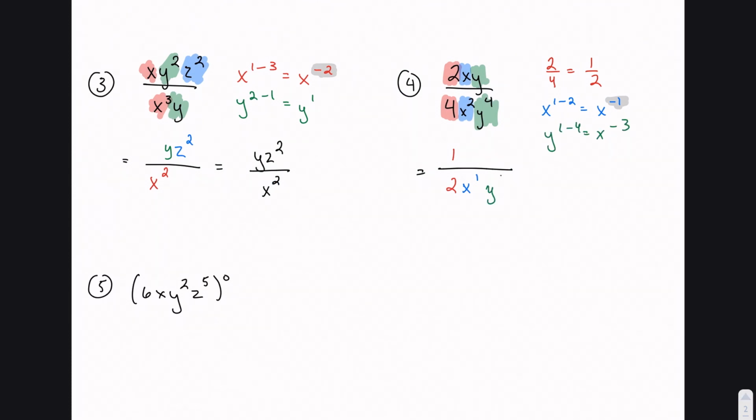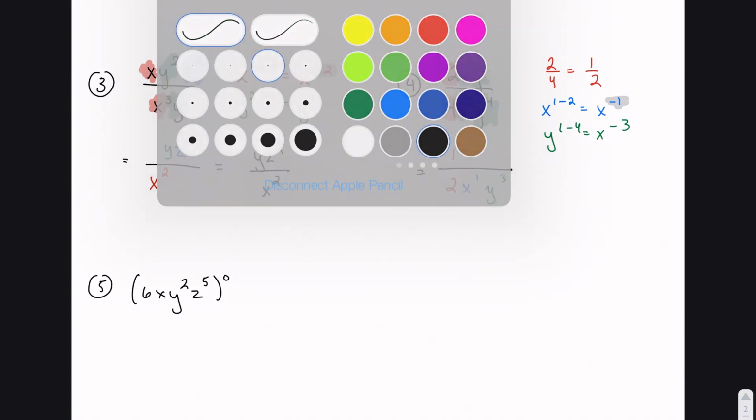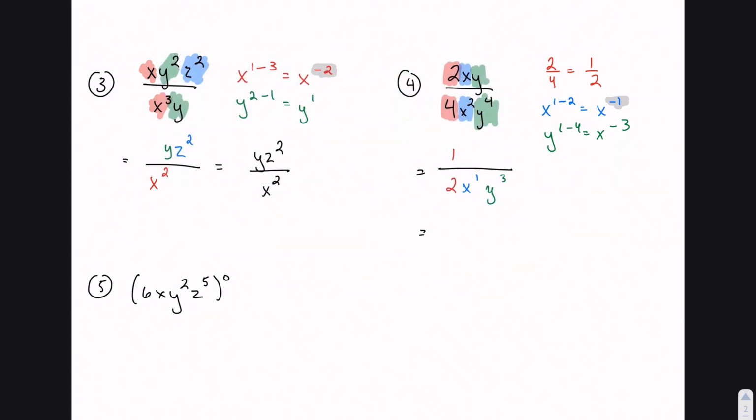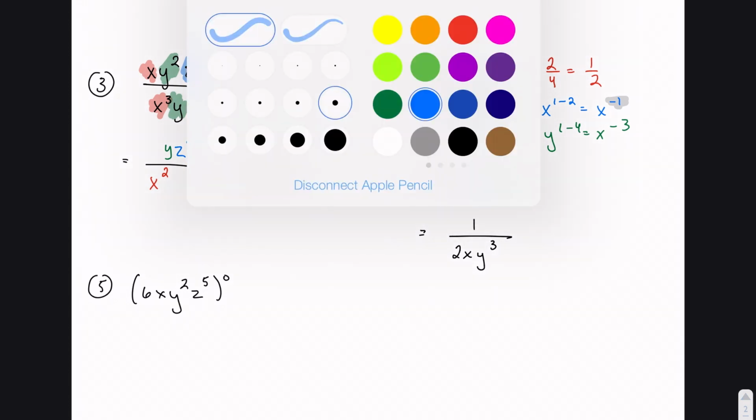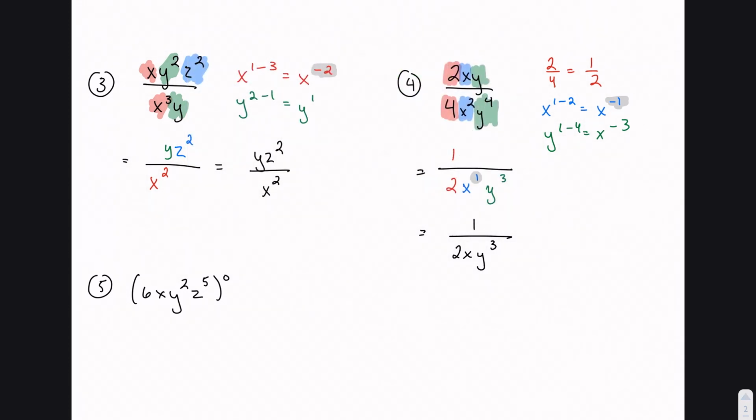So I'm going to end up in my denominator with a positive exponent. And then to put this all together, 2xy cubed. If you're wondering where that first power disappeared to, remember that anything to the first power is just itself.